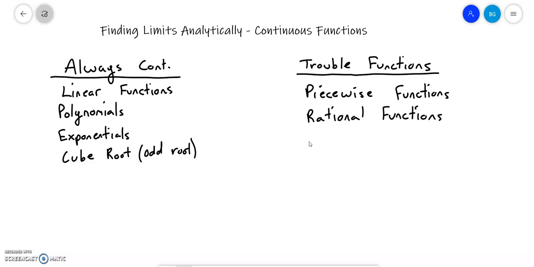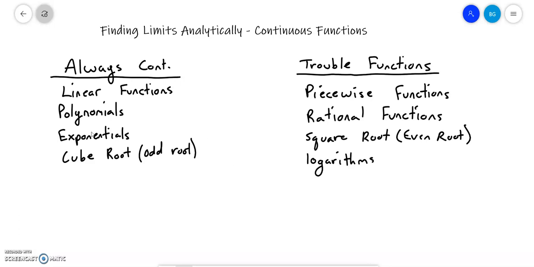What else can throw off continuity? What about square root functions? Can't have a negative under a radical. Well, not an even radical anyway. Kind of like we did before. Maybe I'll just put in parentheses, even root. Of course, the square root's probably the most popular, but you might see a fourth root, sixth root, something like that. Oh, logarithms. Can't take a logarithm with a negative or zero argument. So those could be trouble functions.